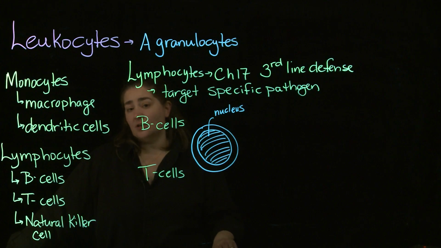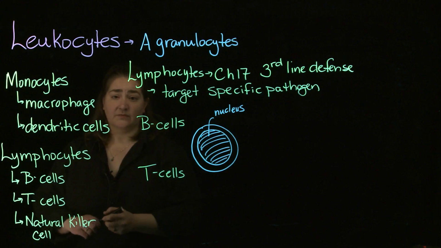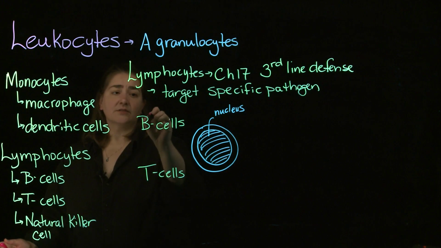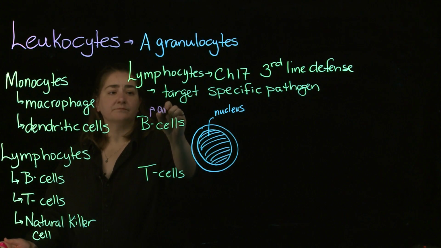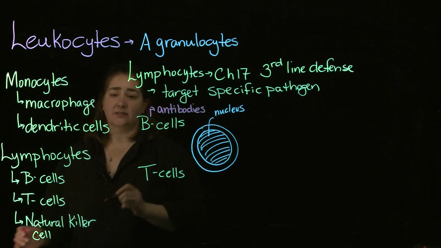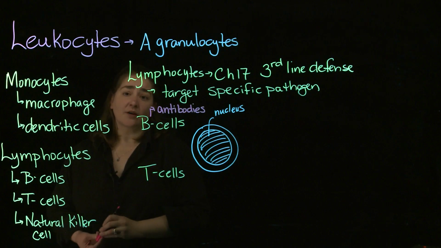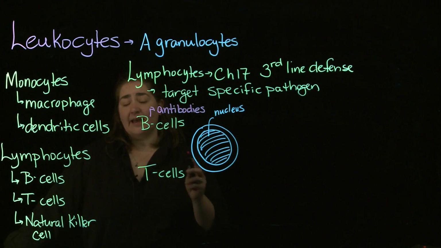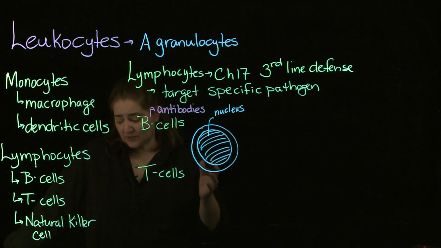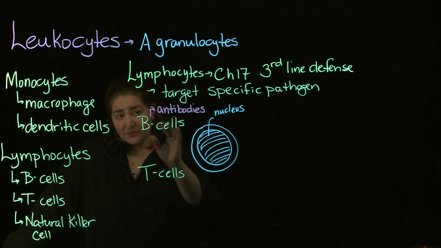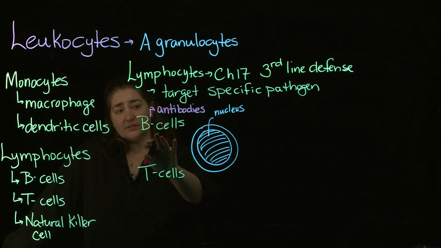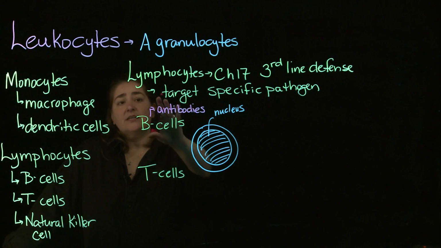Their functions, though, are going to be different. B cells are going to produce antibodies for us. We'll talk specifically about how B cells make those antibodies in chapter 17. But the cellular response there is going to be a little indirect.